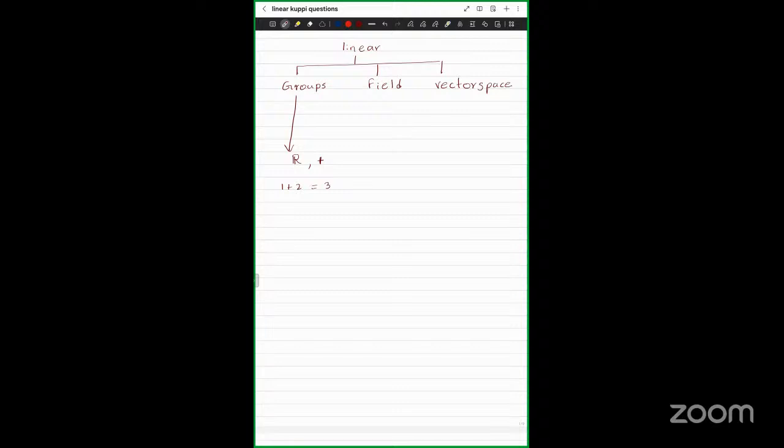When we generalize the groups, the one thing is there must be one set, and there is some specific operation. I put it as a star here. In this example, we are looking at real numbers and addition.